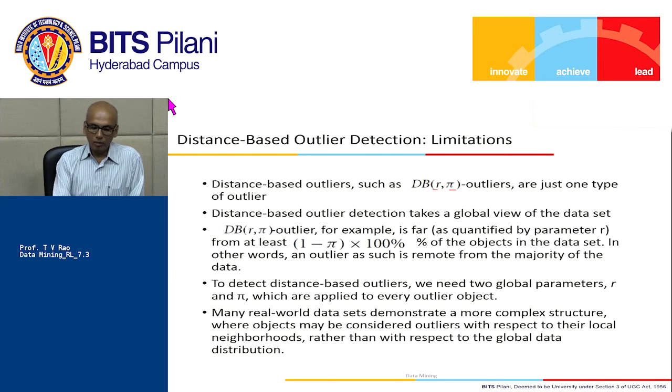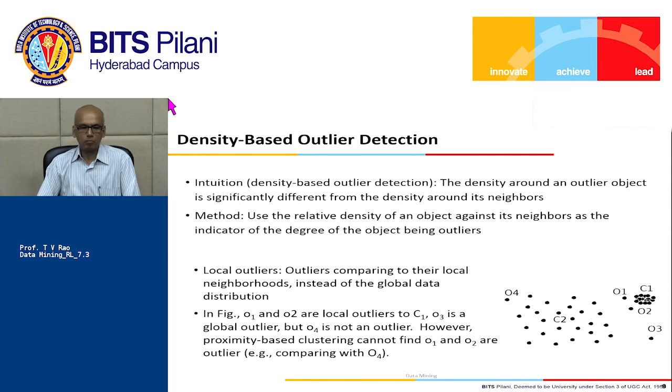So the point is that we have a fixed value for r and a fixed value for pi. But the real world objects do not have such a uniform spread. So for that reason, the neighborhood definition itself cannot remain so fixed. So in such situations, the distance based outlier techniques do not work.